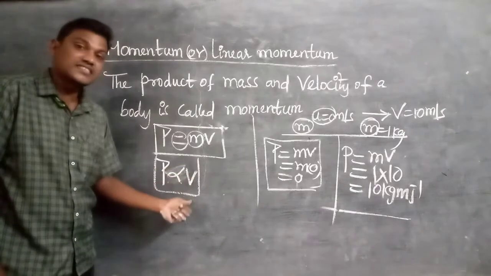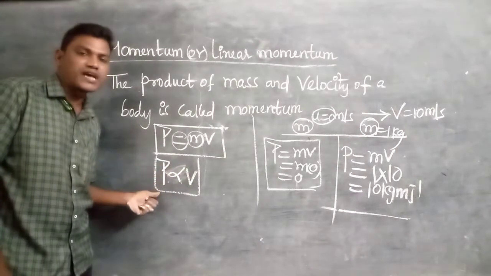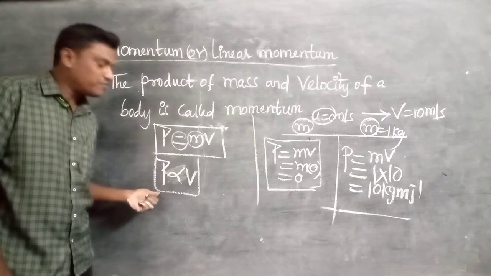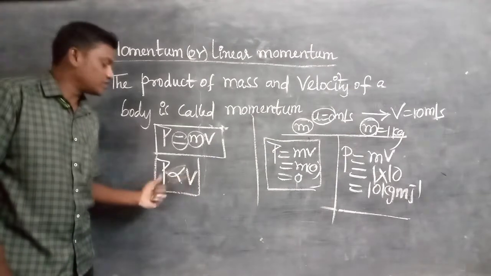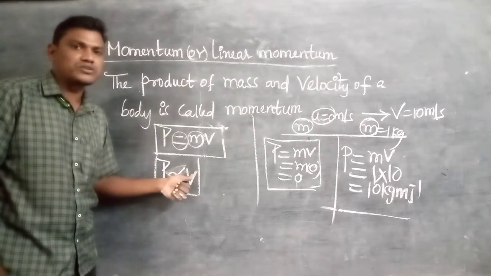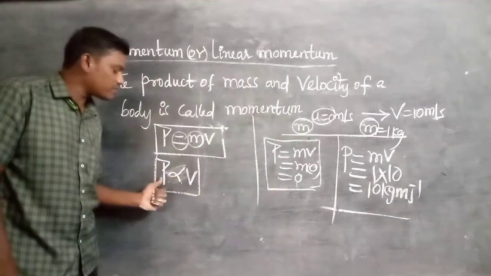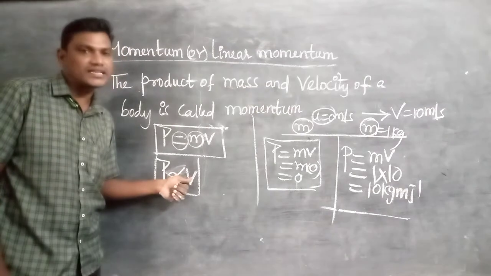If velocity decreases, the momentum of the body also decreases. That's the relation we can derive between P and V: momentum is directly proportional to the velocity.